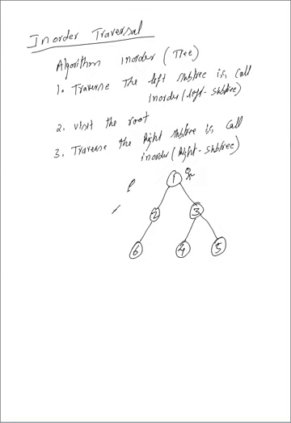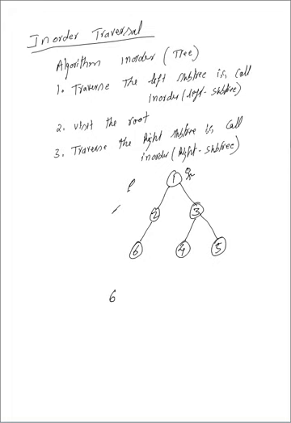Yes, you come to 6 now. Once you come to 6, observe carefully. Is any left child there for 6? You have to traverse. No child is there. Now what do you have to do? Visit root. What is the root here? That is 6. Write 6.